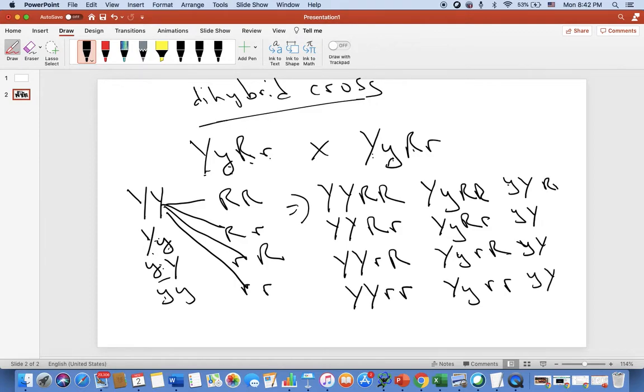And then this is one set, two sets, three sets, and the fourth set would be homozygous recessive. Oh, this will actually be capital R's. So these are all 16 possible combinations that you could have when you do the crosses. This is one way of doing a dihybrid cross.